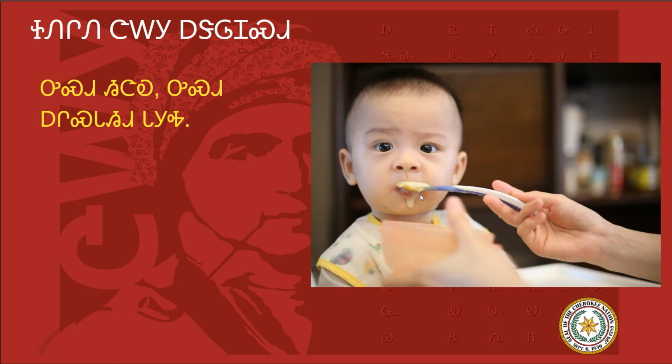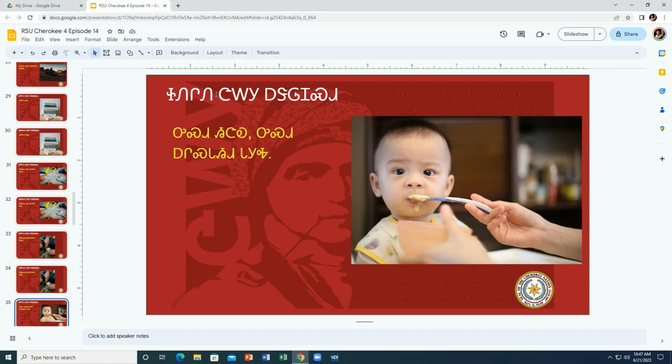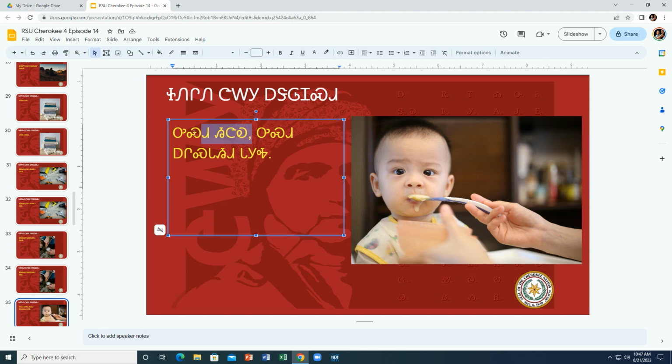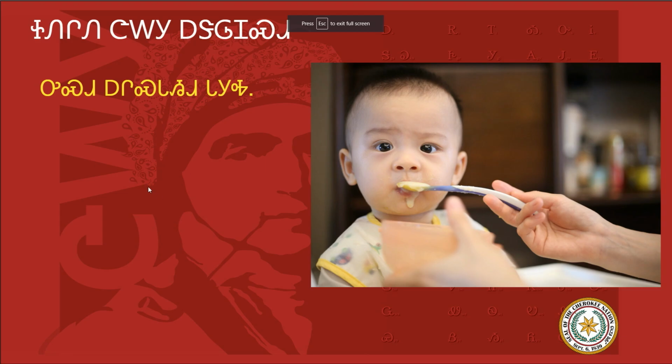Okay, so we have this one here. Usti yitaka. If you have a baby, and really, I guess, for it to make sense, we really need to take that part out. Because really, it doesn't make sense in English to say, if you have a baby, I have baby food.